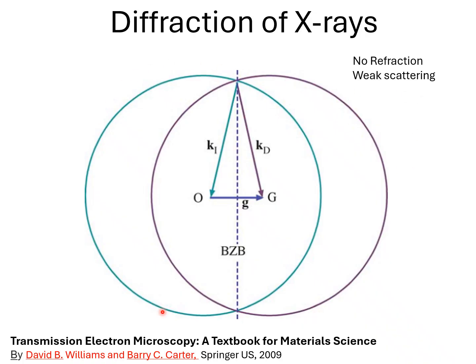And this is how the diffracting vectors would be envisaged in an Ewald sphere construction. You have a beam represented by a wave vector, which is 1 over the wavelength, and then it's diffracted. And the difference between the two beams is the diffracting vector G.